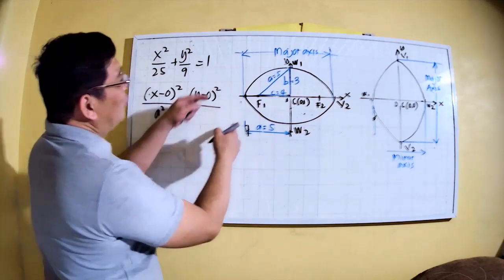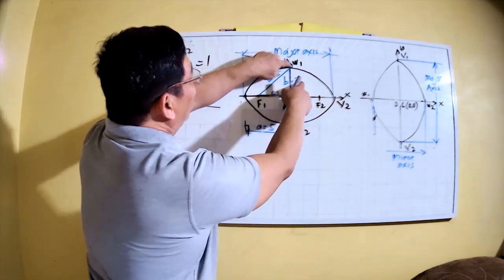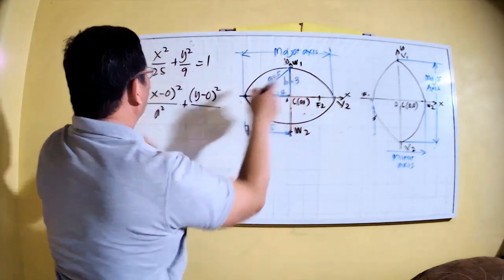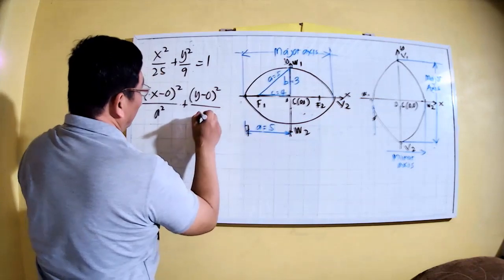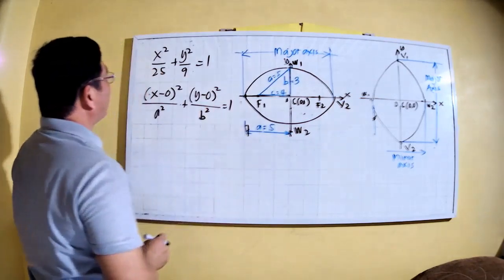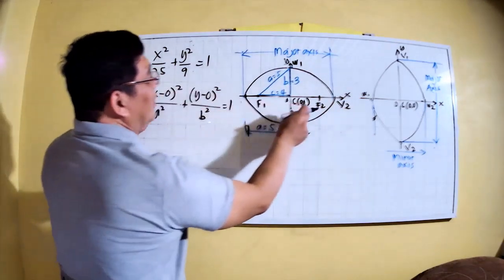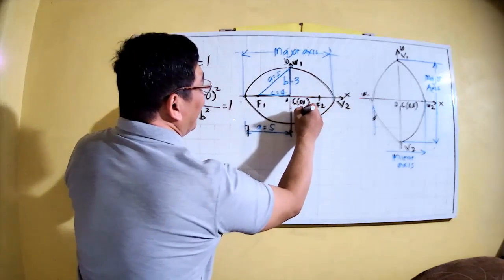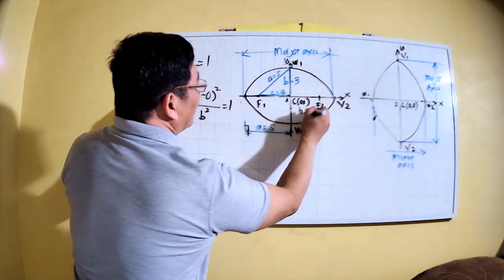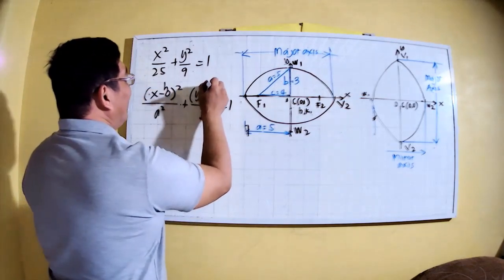And then, if you look at the value of b is equal to 3, 3 squared is equal to 9. So, it is b squared is equal to 1. And then, look at this x minus 0 and look at this center. This is our HK. So, it will appear that this is the h and this is k.